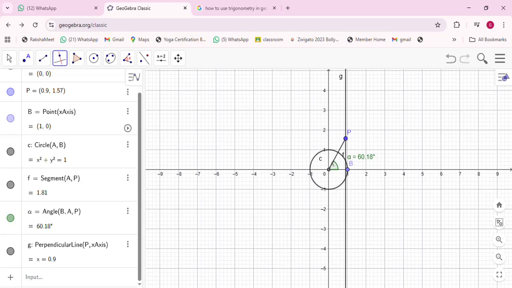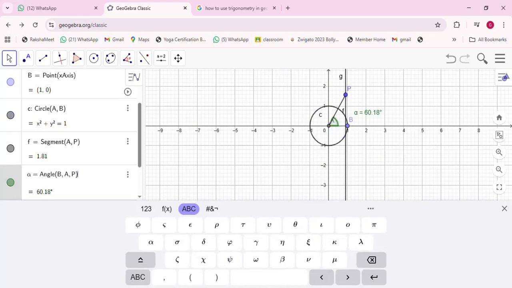I will change the name of the angle to theta. So here I can select this and change the name alpha to theta. So you can see this change here, theta.